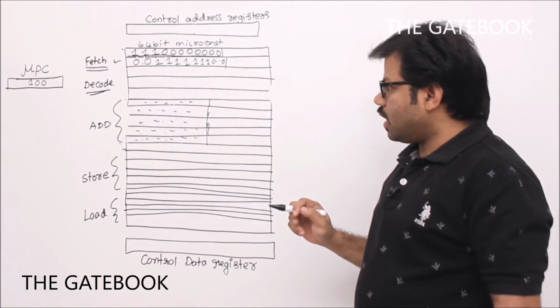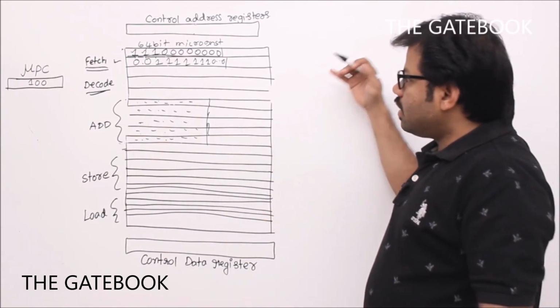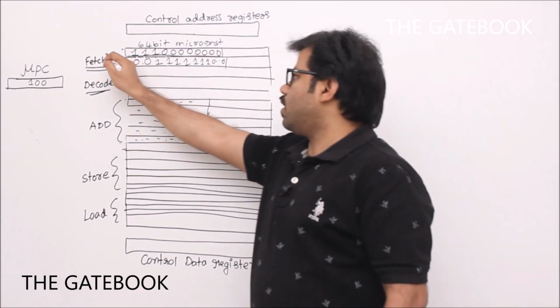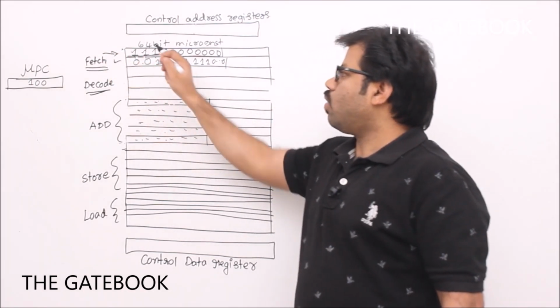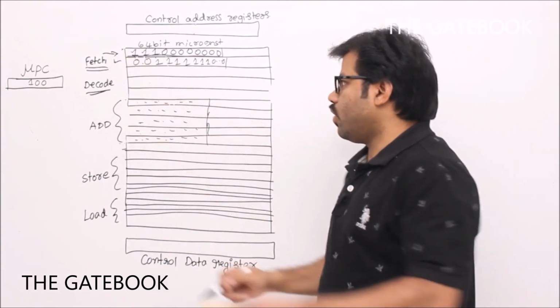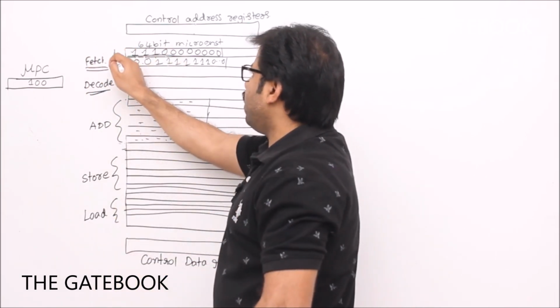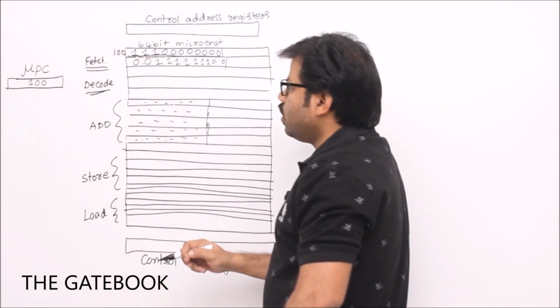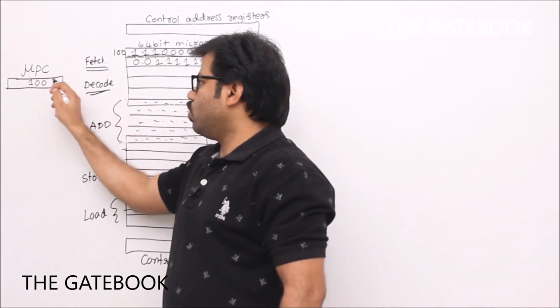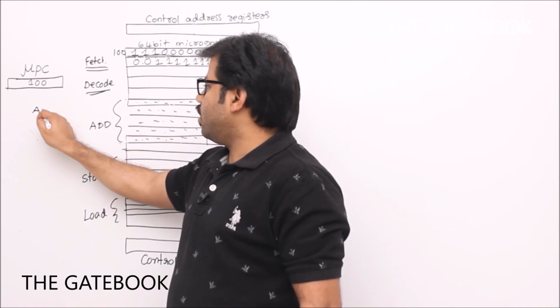First of all, you should understand one thing. Whenever you have an instruction, the instruction execution should start with fetch, right? That's why automatically control should go to the starting address of the fetch routine, correct? Assume that, let's say, fetch is located in memory at 100. Then initially your micro program counter should show 100. Now, for example, let's say your instruction is add.